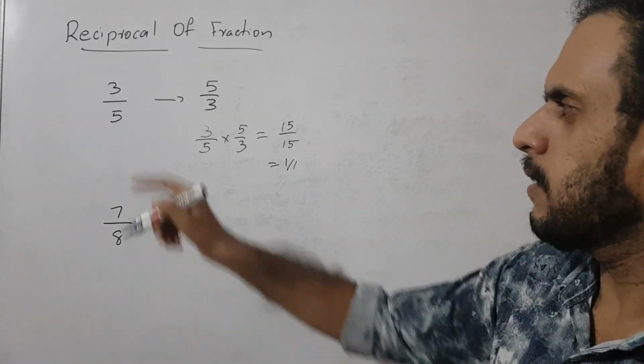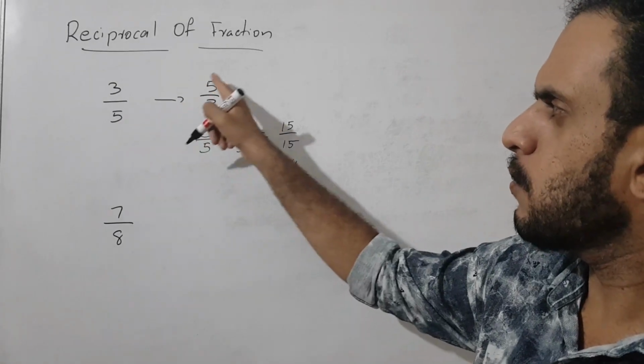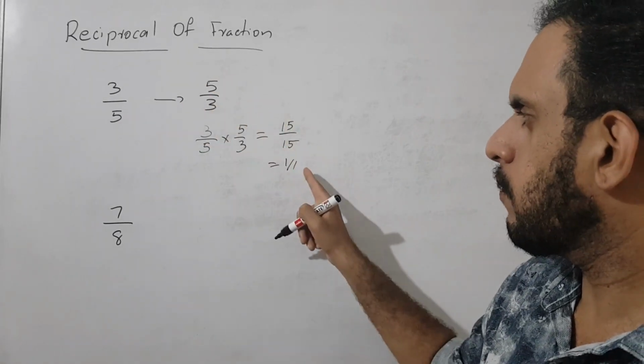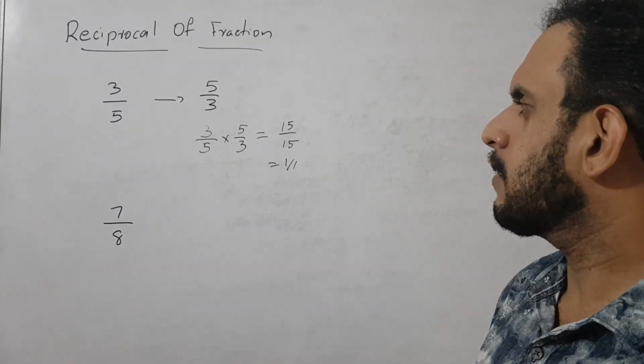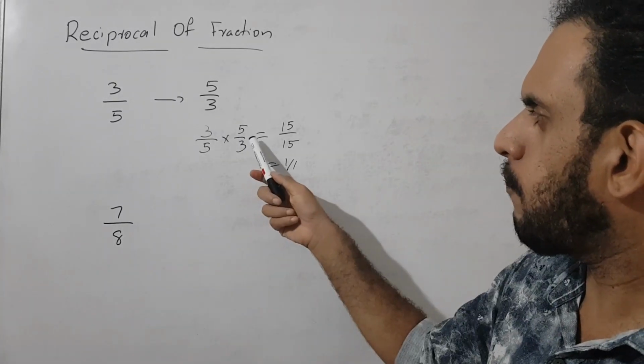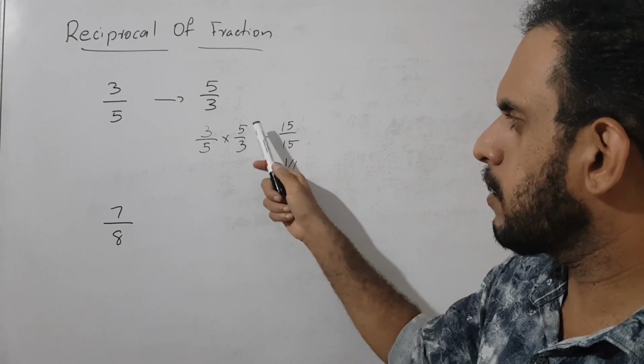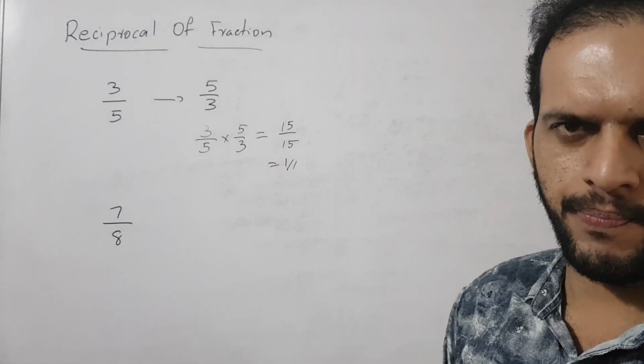The result is 1. That is why we say 3 by 5 is the reciprocal of 5 by 3, or 5 by 3 is the reciprocal of 3 by 5.